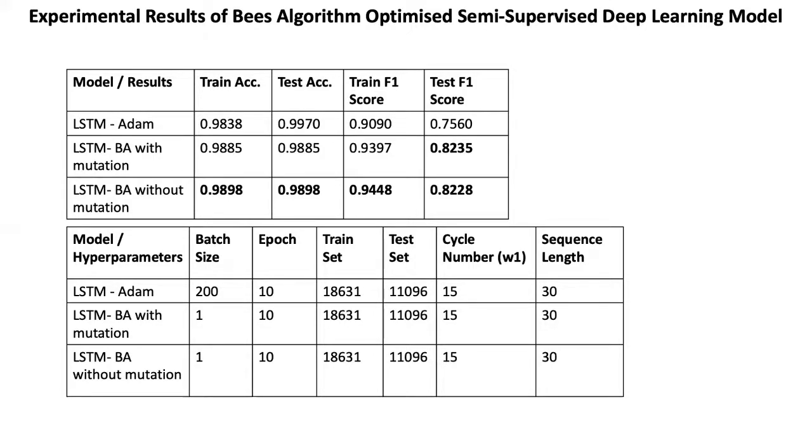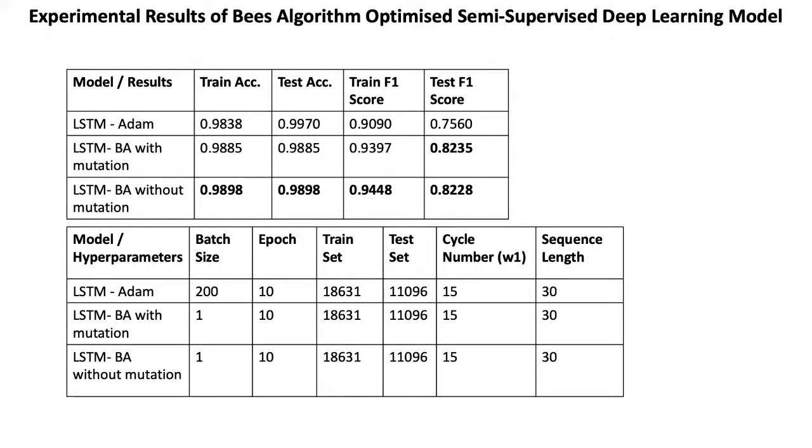As a training algorithm, we use ADAM, and by hybridizing ADAM and the Bats algorithm with a mutation operator, we can observe that the F1 score is much better than the LSTM model without the BA algorithm. We also observe that BA with mutation is not better than BA without the mutation operator.